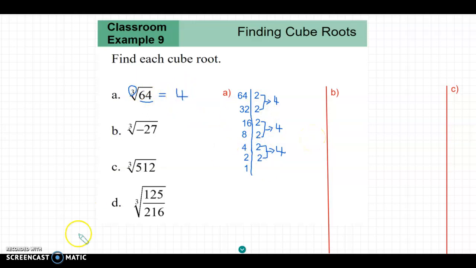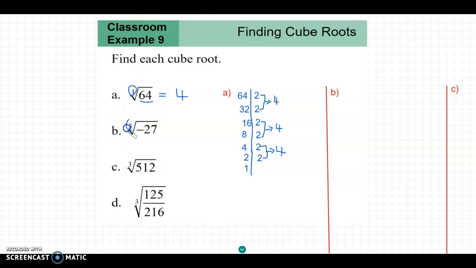All right? So guys, what happens with the negative numbers? Do you remember that when we find the square root, it's not possible to find the square root of a negative number, because it's not possible to multiply two negative numbers and get a negative number as a result.